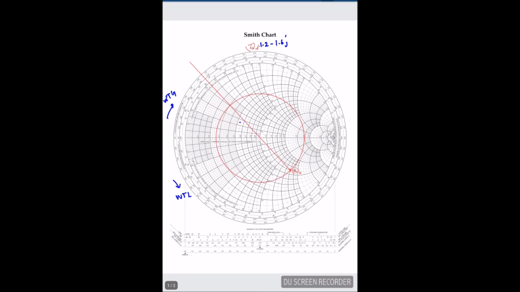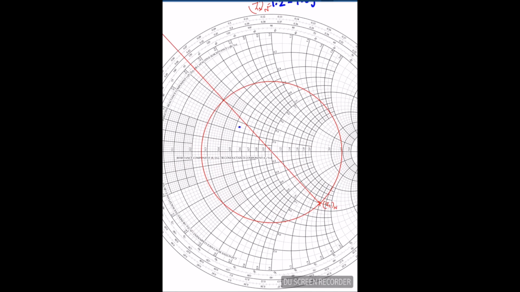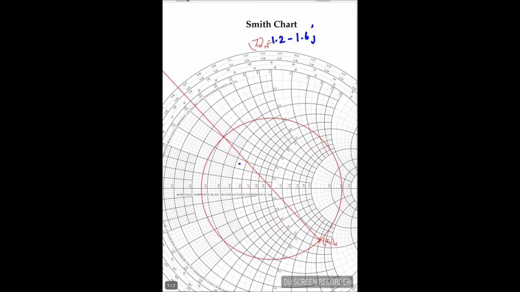If I rotate 180 degrees towards the generator, I get the YL point. So the YL point I can read now. This is the normalized admittance.